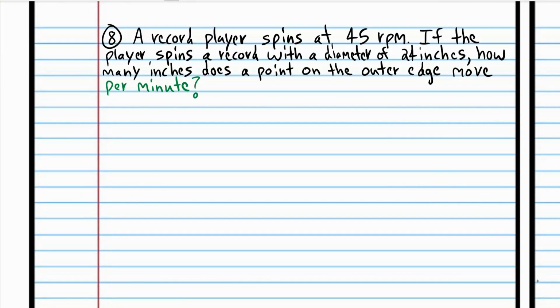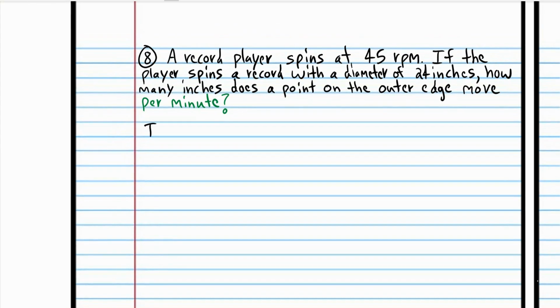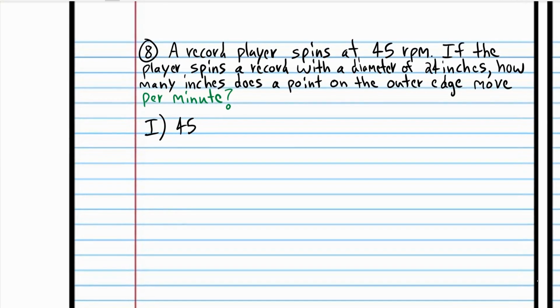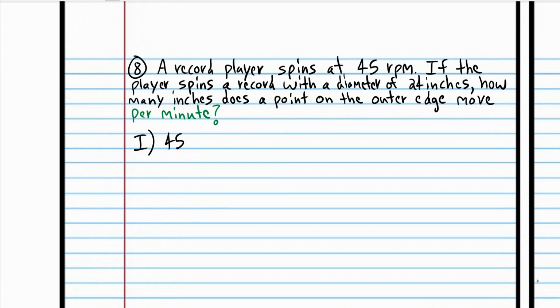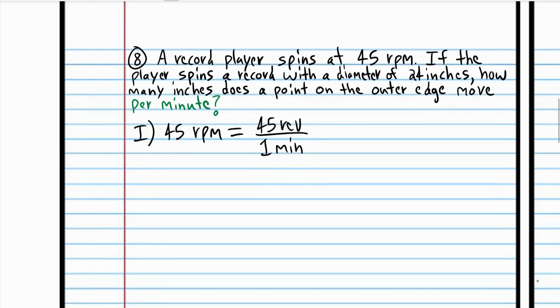All right, we're back. So they give us an angular velocity, but we can't use this angular velocity. We can't use RPMs in our equations that we derived in previous classes. So 45 RPMs is the same thing as 45 revolutions for every 1 minute, revolutions per minute.